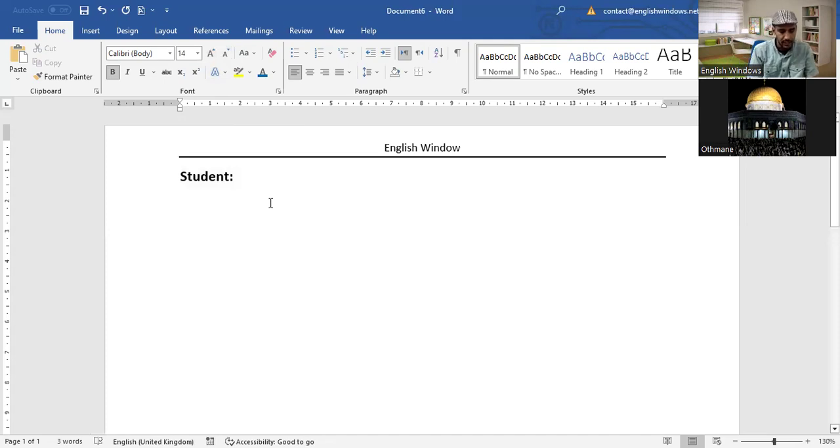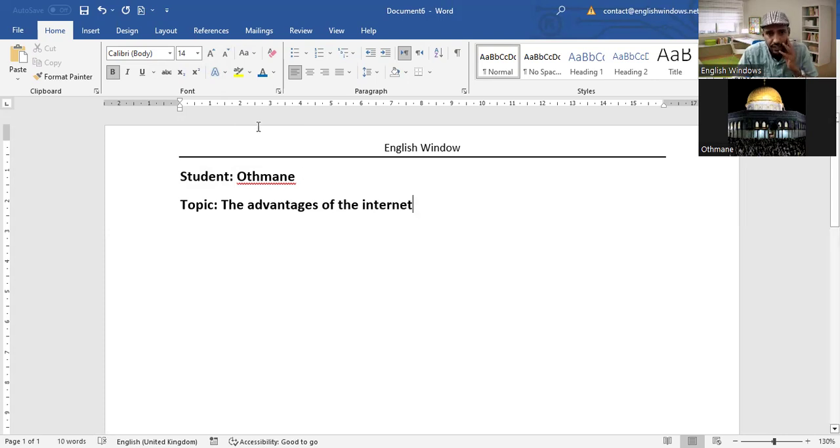paragraph writing. Okay, so here we go. Our topic for today will be, as you say, advantages of the internet. The advantages of the internet, this is our topic of choice, no need for the capital letter here.